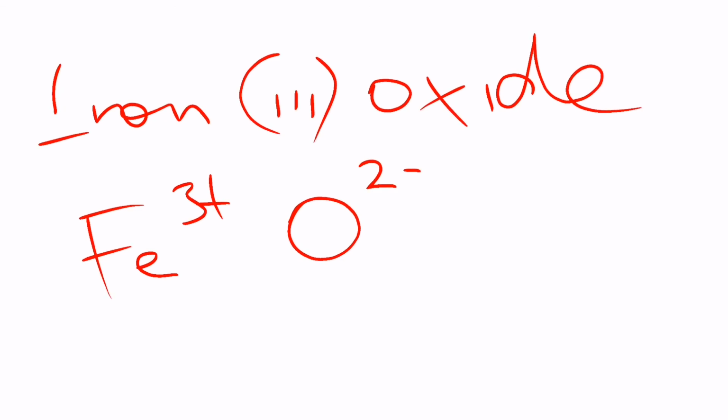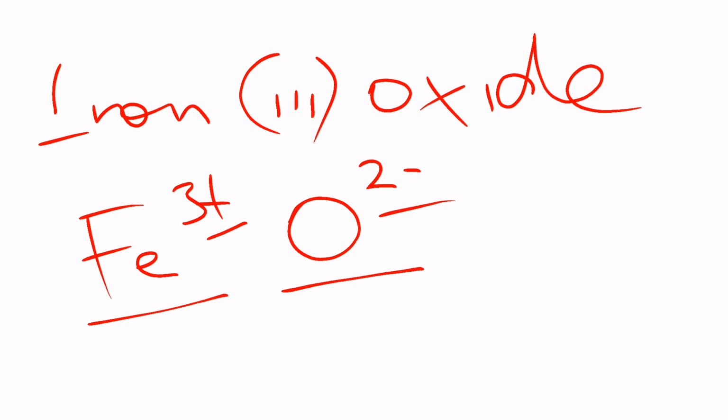So you see these ones now, they do not cancel each other. So what does this mean? For this one to equal this one, we have to multiply so that at the end of the day we have 0. So we're going to multiply the charge of iron 3+ by 2, and the oxide ion by 3.